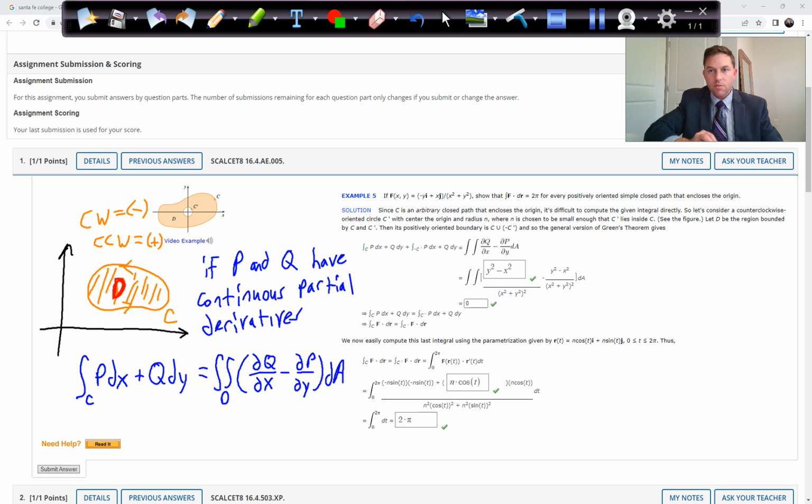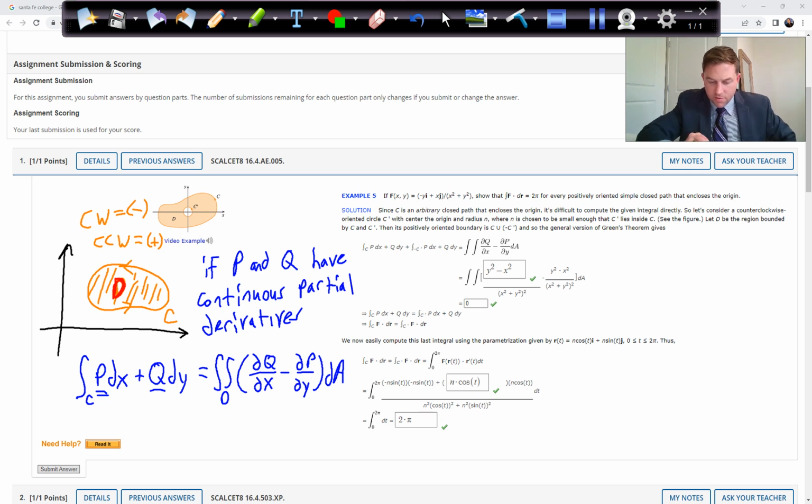And we're going to notice, just like we did in the last section, that we take the j component and take its partial with respect to x, and we take the i component and do the partial with respect to y. So it's kind of swapping what we might normally think as far as the partial derivative goes.